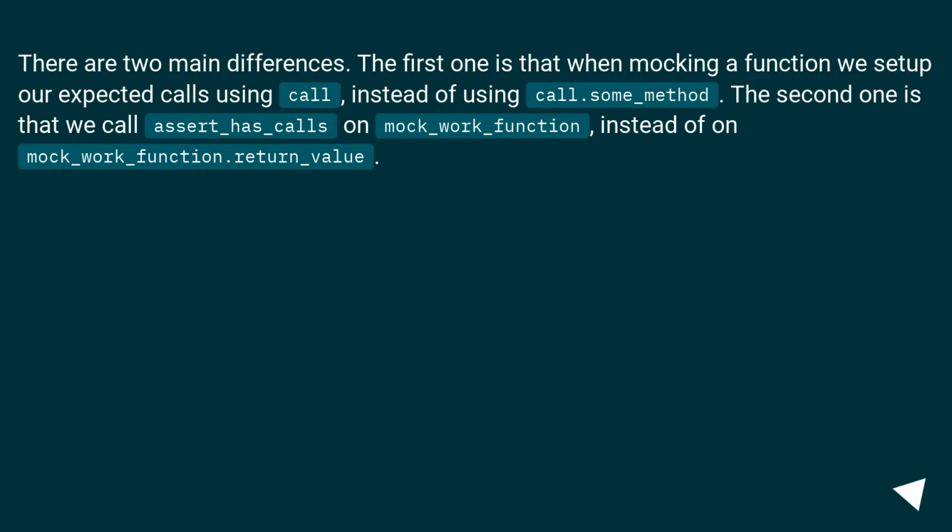There are two main differences. The first one is that when mocking a function we set up our expected calls using call, instead of using call.sum_method. The second one is that we call assert_has_calls on mock_work_function, instead of on mock_work_function.return_value.